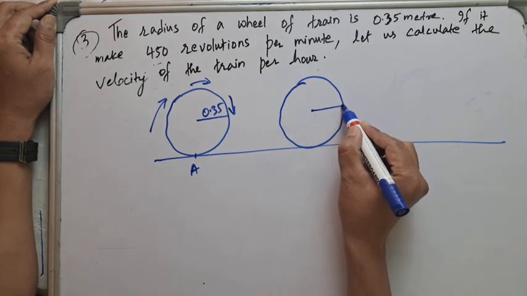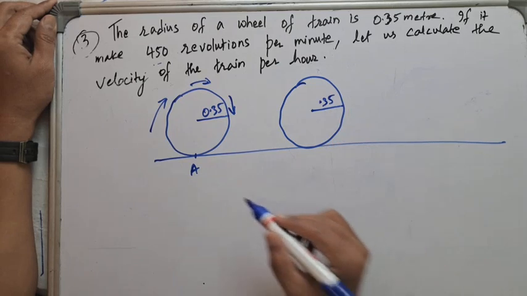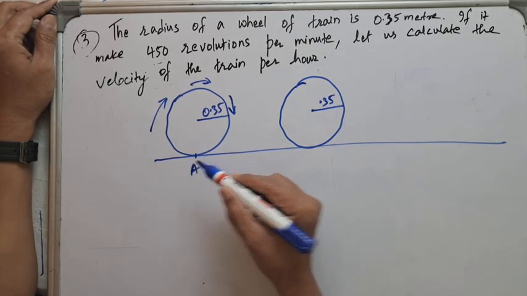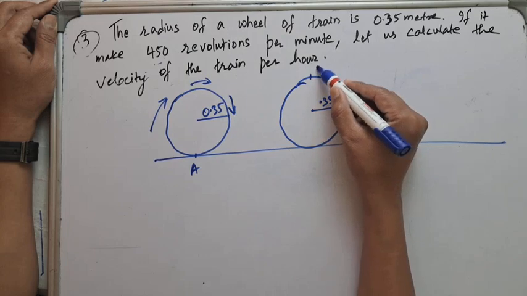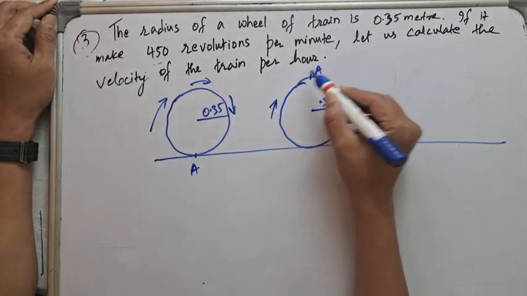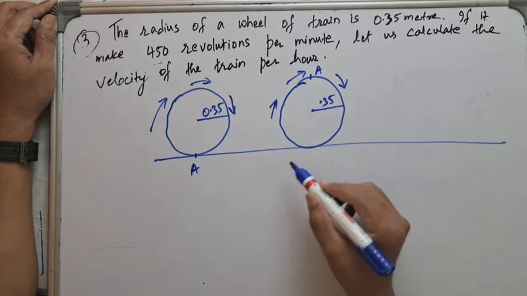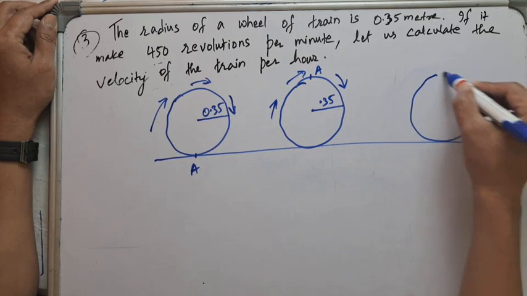This is the radius of the wheel, 0.35 meter. Let's suppose the mark A has reached this position. The wheel is again rotating in this direction, and after some time the wheel reaches this position.